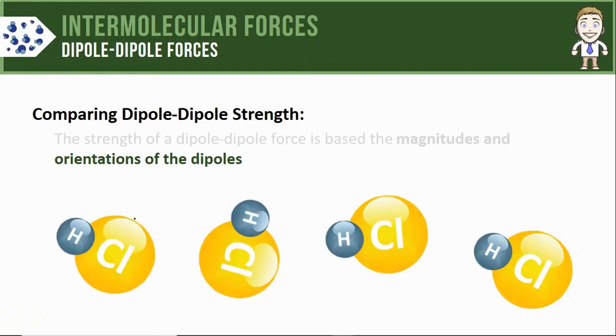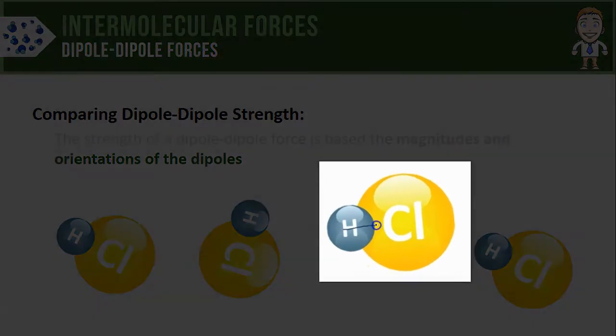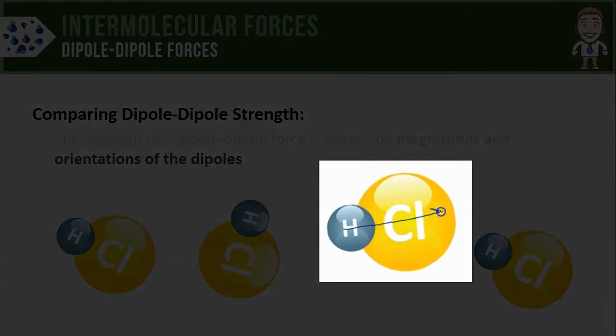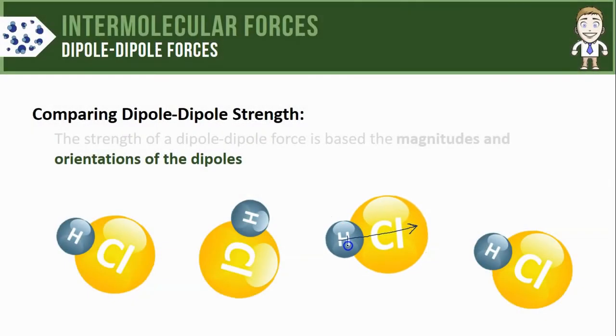So here's a model showing four separate hydrogen chloride molecules. Chlorine is the more electronegative atom, so it's going to pull the shared electrons closer to itself, creating a partial negative on the chlorine and a partial positive on the hydrogen. So if you look at these two molecules on the right, you'll notice that the partially negative chlorine is oriented almost directly towards the partially positive hydrogen in the second molecule.